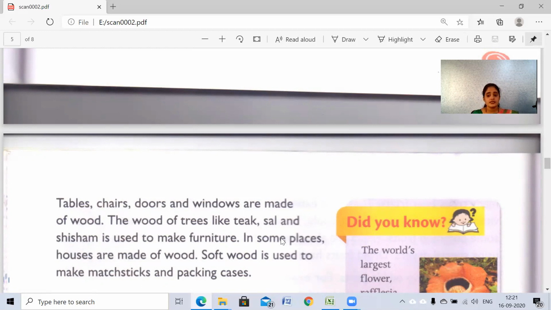And you learned that living organisms depend on plants for so many purposes, like making wood and furniture, getting sugar, medicines, paper, and gums. We depend upon plants for various purposes.